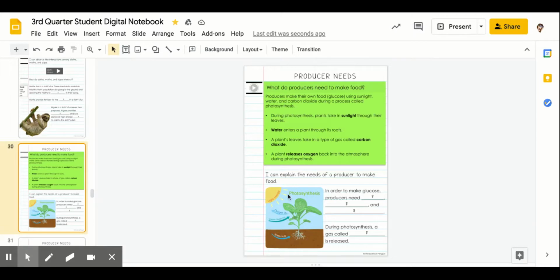So here we've got an example of photosynthesis. In order for a plant to make glucose, producers need light energy. Energy from the sun. So they need sunlight. They need water.